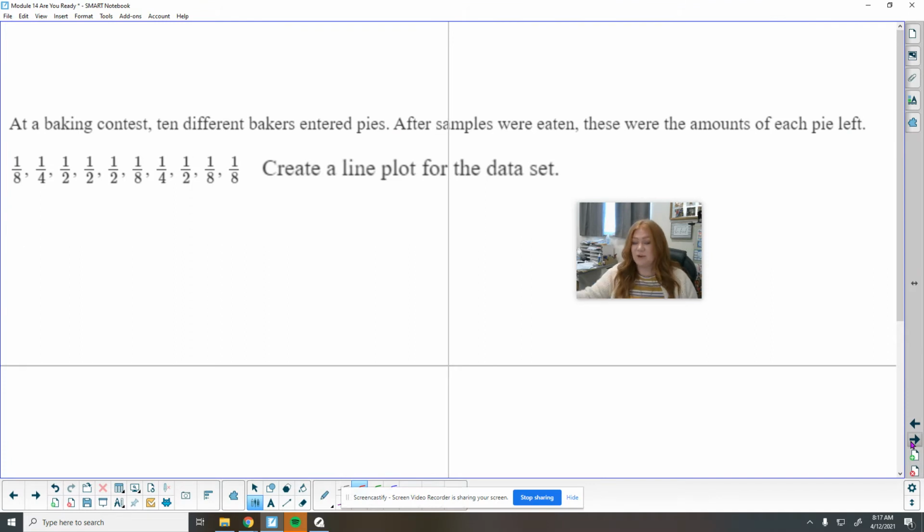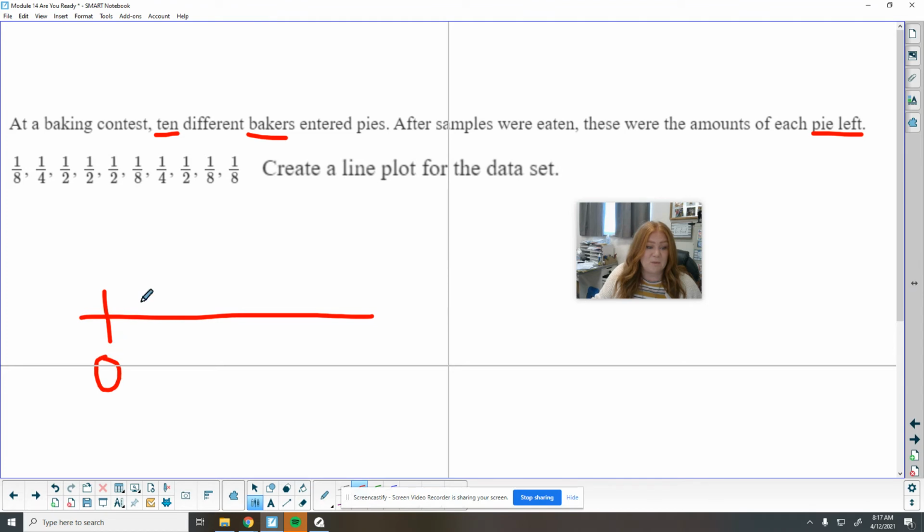We are going to create our own line plot here. At a baking contest, 10 different bakers entered pies. So we've got 10 bakers entering pies. After samples were eaten, these were the amounts of each pie left. These numbers are what we want on the bottom. So we have 0.